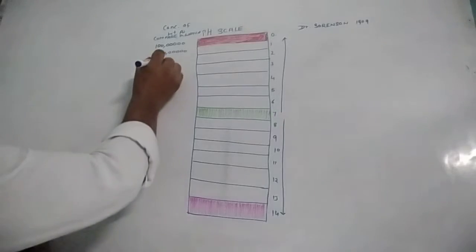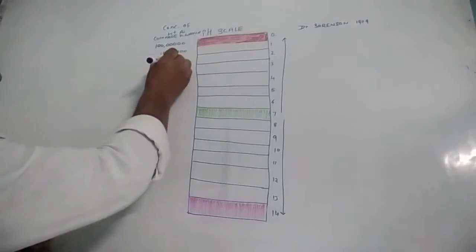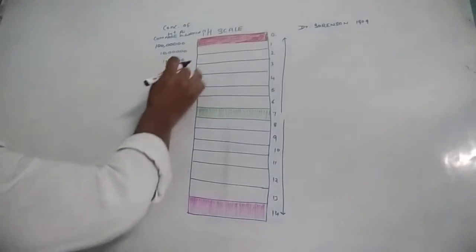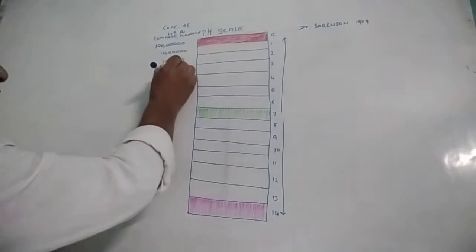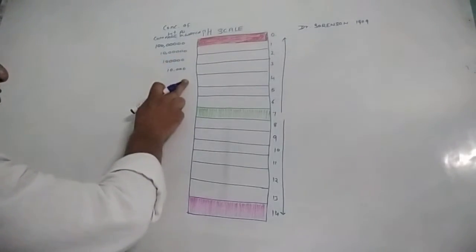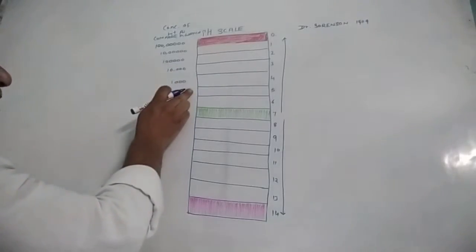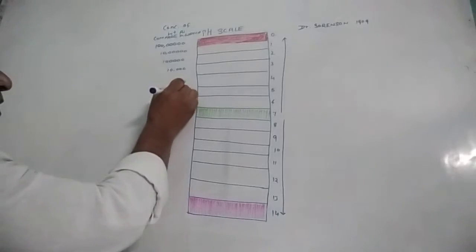Then come to the second number, another 0 is removed, it is 1 lakh. Then at pH 3, another 0 goes away, it becomes 10,000. At pH 4, it becomes 1,000. pH 5 means it becomes 100. At 6 it becomes 10, and at 7, green, it becomes 1.